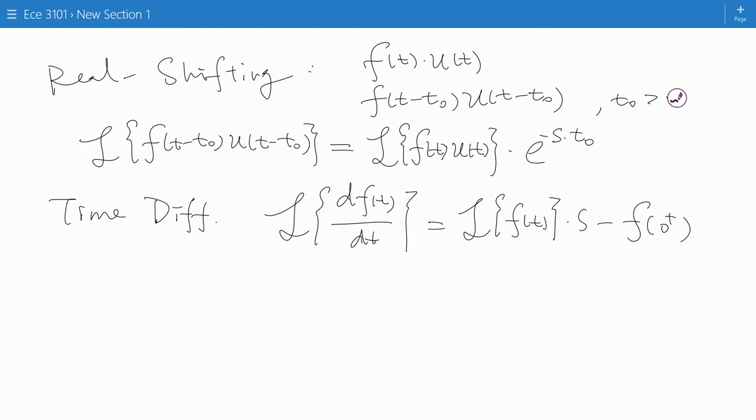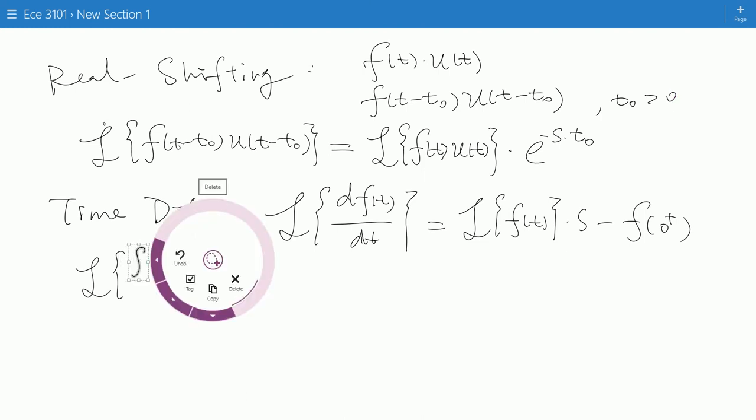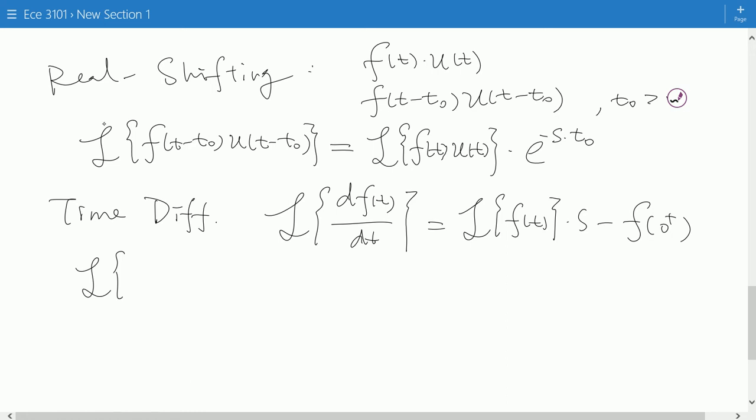What about higher derivatives? This is generally a one derivative. The higher derivatives are easier to find out as well. So what we can do is apply this property multiple times.